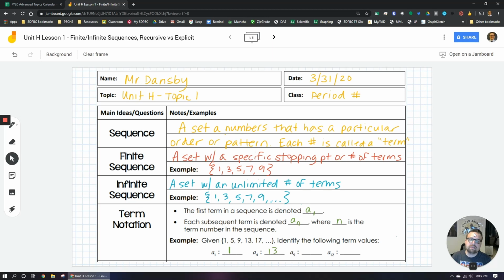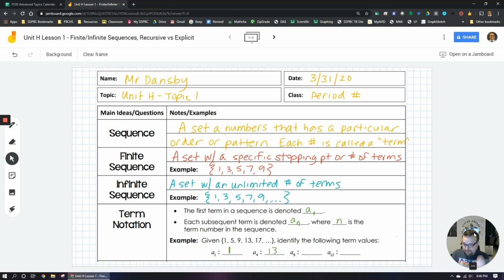So the 9th term is not given to you, but you have enough information to predict what the common difference is between these numbers. So the difference between 1 and 5 is you're adding 4. The difference between 5 and 9 is you're adding 4. 9 and 13, 4. 13 and 17 is 4.